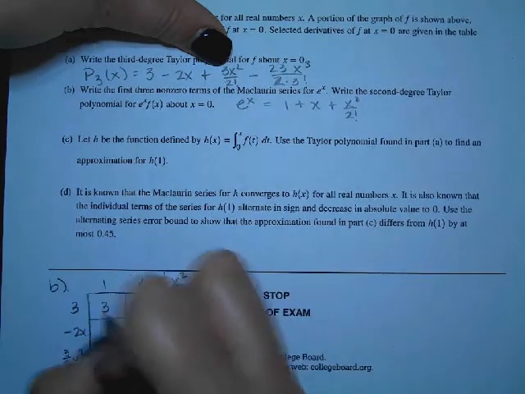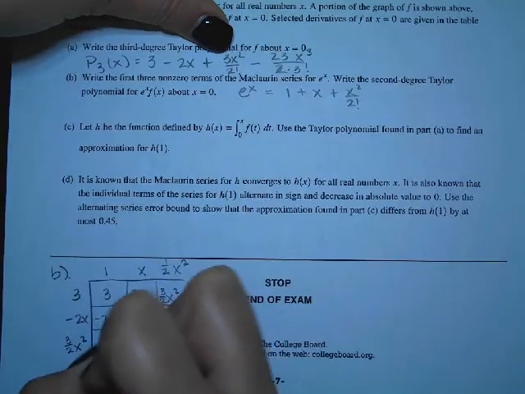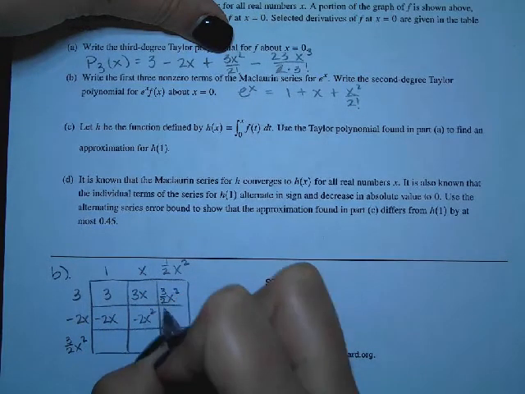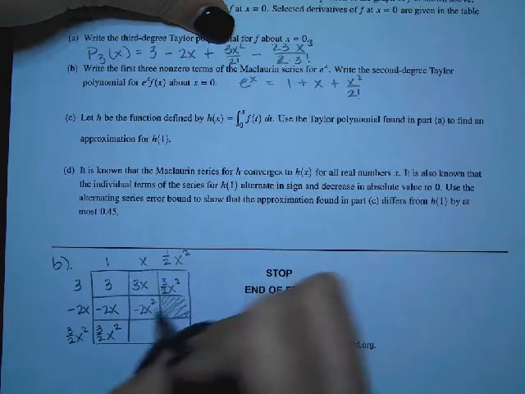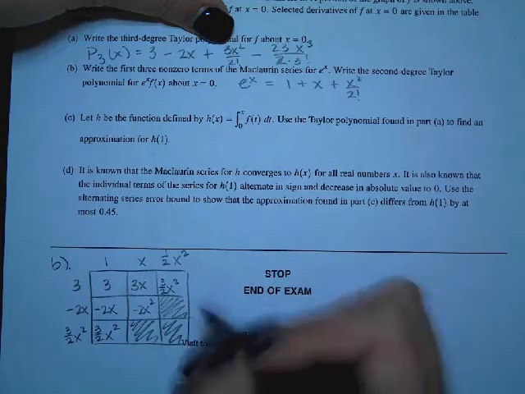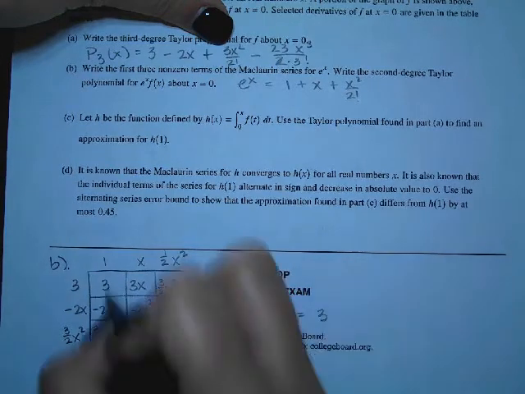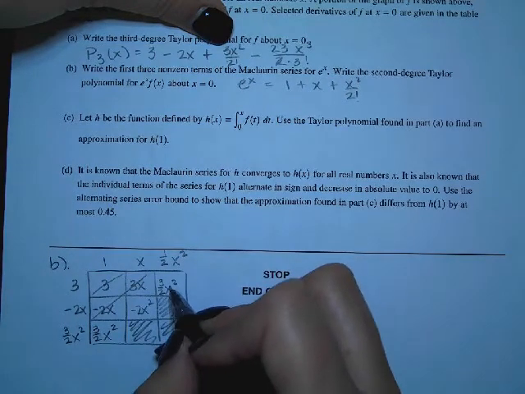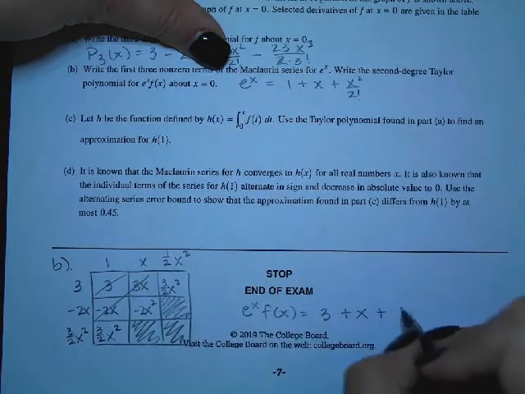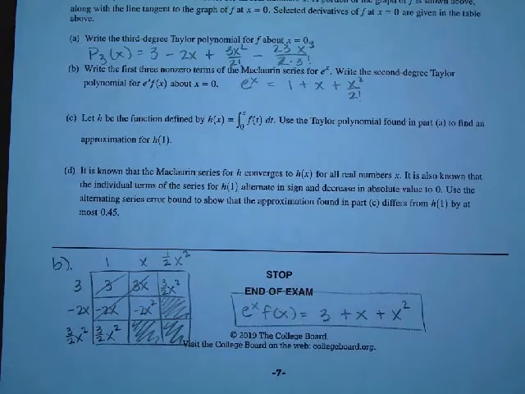And I got 3 times 1 is 3, 3 times x is 3x, and then 3/2 x squared, negative 2x squared, and then don't use the rest. Okay, so I ended up getting e to the x f of x is 3 plus x, 3/2 and 3/2 makes 6/2. 6/2 is 3. So we have 3x squared minus 2x squared is plus x squared. And so that's what I got for part B.